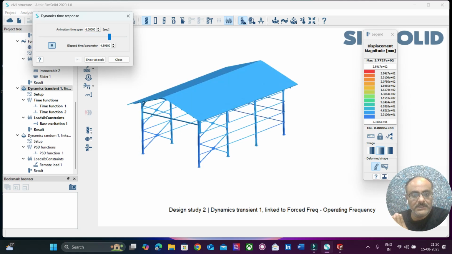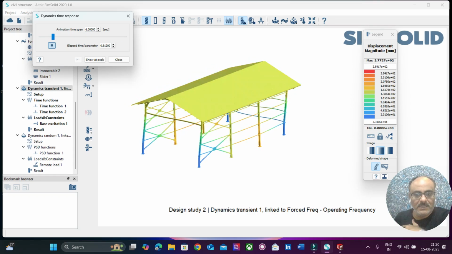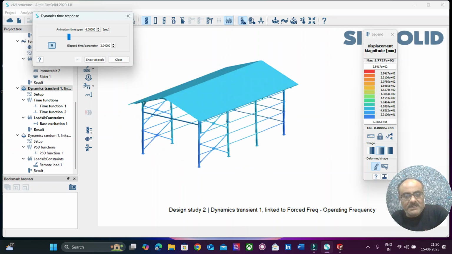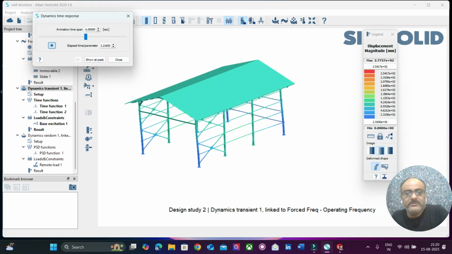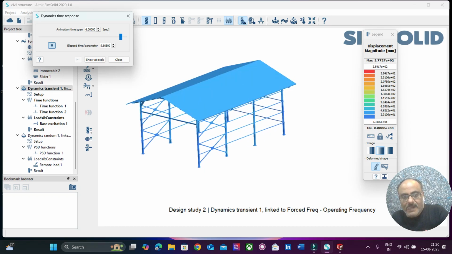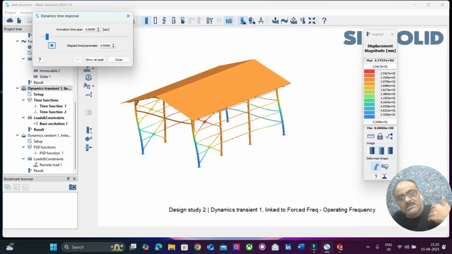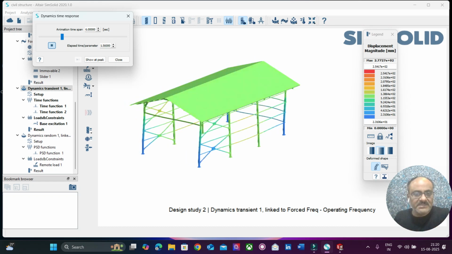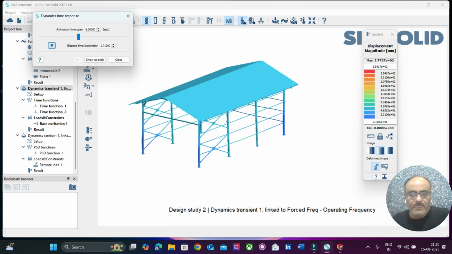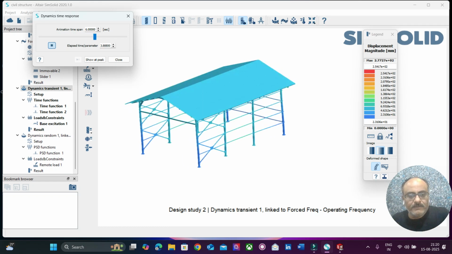For a certain duration of time, a load is applied on the structure, a sudden, impulsive load. This is how the structure gets deformed. It's the sudden jerk or impulse on the structure.